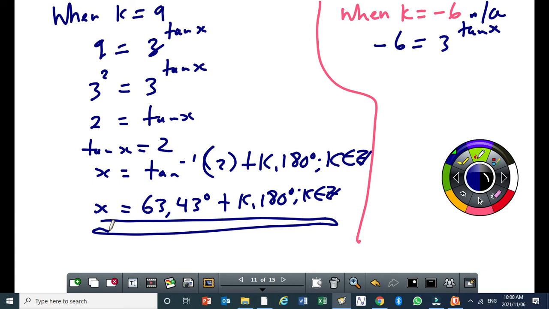But here, the question was saying determine the general solution. A general solution is an equation that you can use to determine all the possible solutions. So this is the general solution. That clear? Okay, let's move on to the next question.